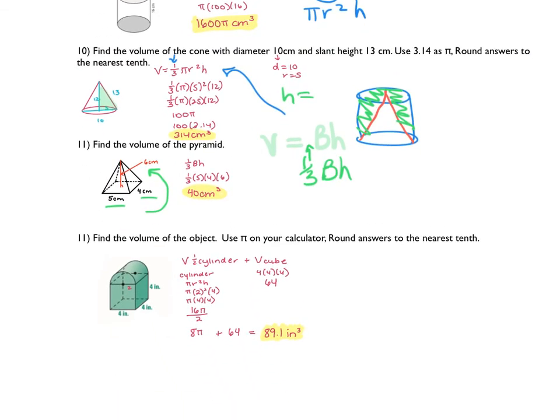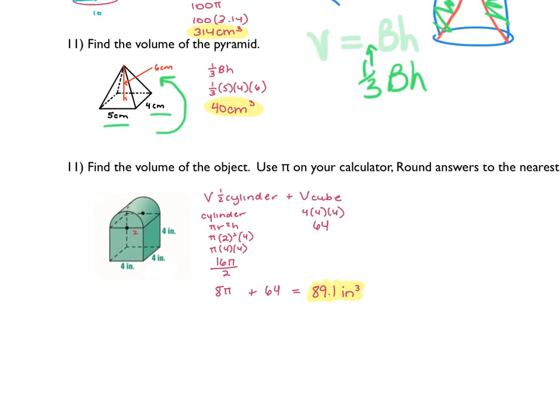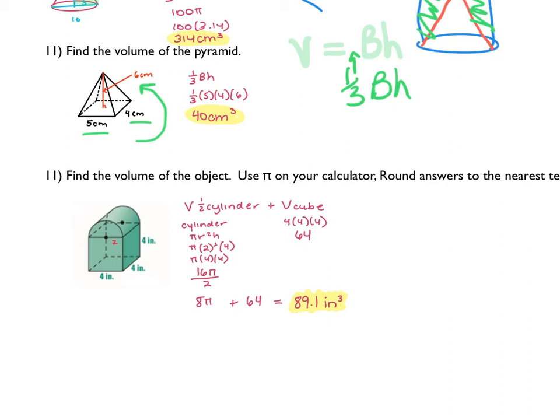And then number 11, this one's a complex solid. So notice this top piece, this looks like half of a cylinder. So I'm gonna find the volume of a cylinder and then divide it by 2. And then I'm gonna find the volume of this cube and then add the 2 volumes.